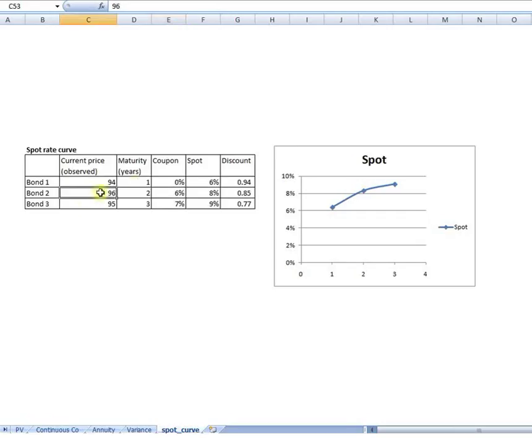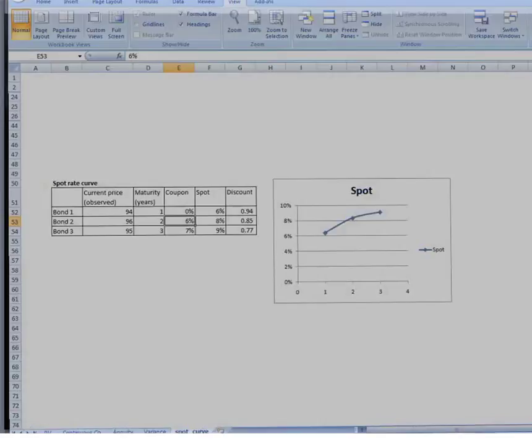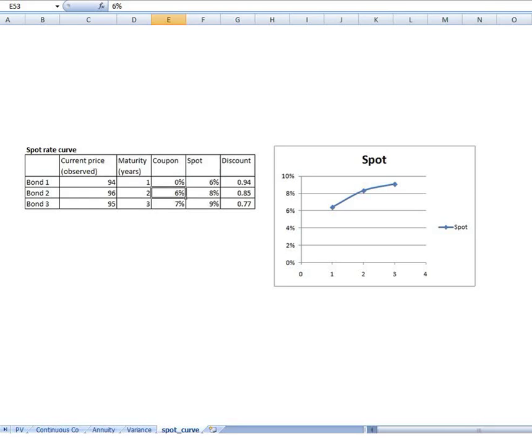For the second bond, what we have here is the observed price of 96 and a coupon of 6%. For the first year, you'll be getting $6, and we discount at the spot rate that we obtained previously of 6%.